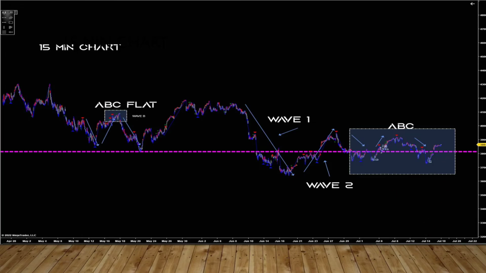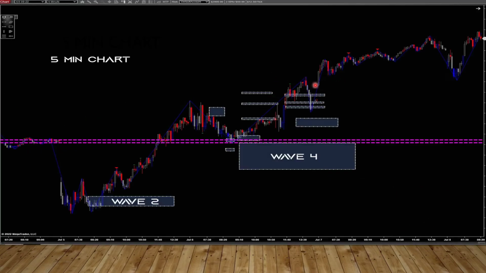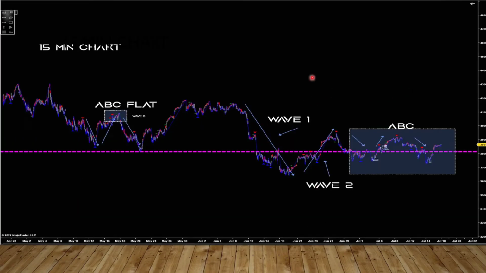So at the end of this here, I would have said, okay, I'm stepping back. I'm not gonna do anything. Probably wait till tomorrow, because nothing is really clear on the 15-minute chart. I can't see anything. Okay? So that's how you correlate between a higher and a lower time frame.